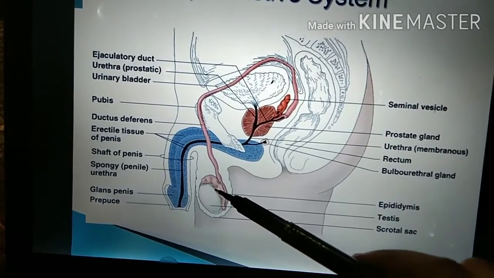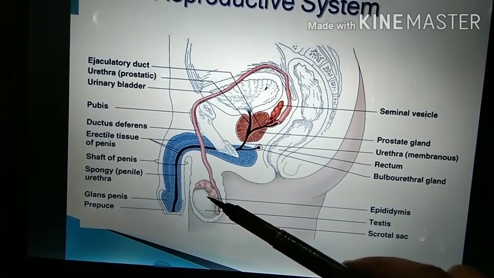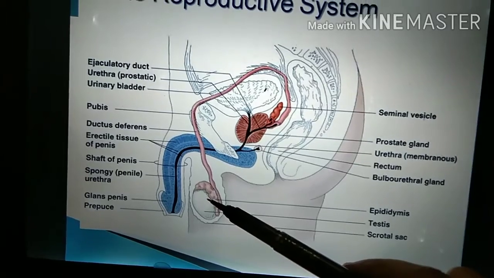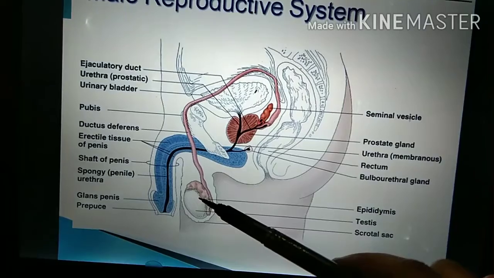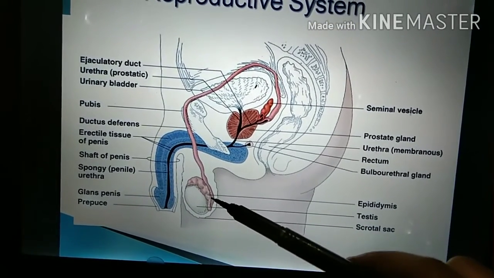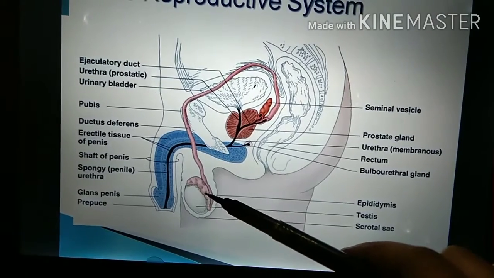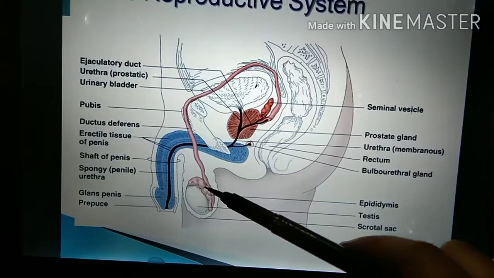It transports and stores sperm cells that are produced in the testes. The job of the epididymis is to bring the sperm to maturity. Here the sperm becomes mature, since the sperm that emerge from the testes are immature and incapable of fertilization.